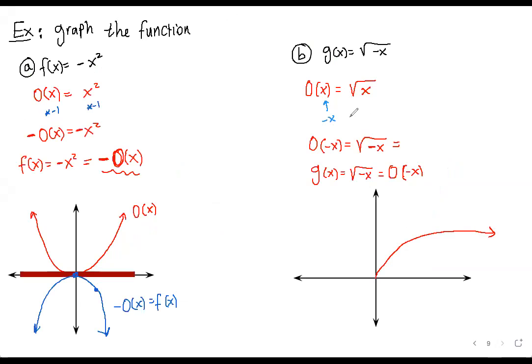So this is O of x equals square root of x. Now to graph g of x, I have to reflect the original function around which axis? The y-axis. Why? Because the minus is inside the function.